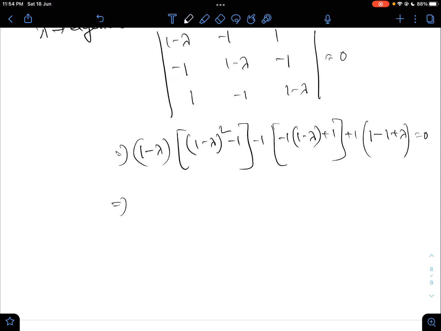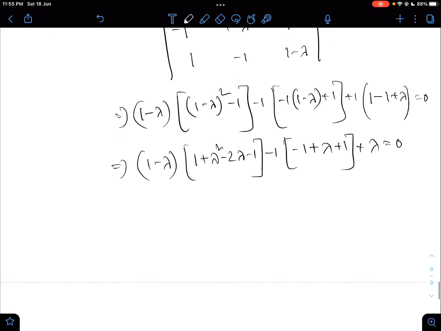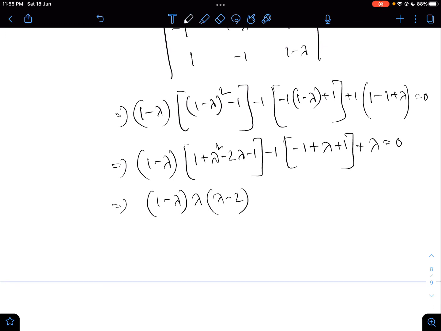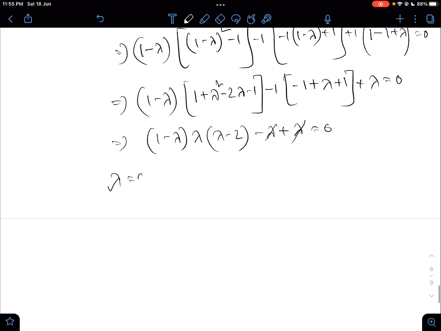From the first one we get (1 minus lambda) times (1 plus lambda squared minus 2 lambda minus 1), and from the second term, minus 1 times (2 minus lambda), that is plus lambda minus 2, and here we have plus lambda. So we are left with (1 minus lambda) multiplied with lambda times (lambda minus 2), and here we have minus lambda plus lambda. So these two will cancel out. So lambda is 0, 1, 2. These are our corresponding values.